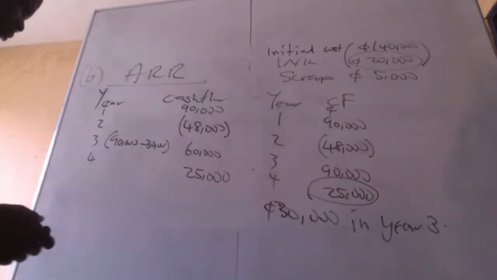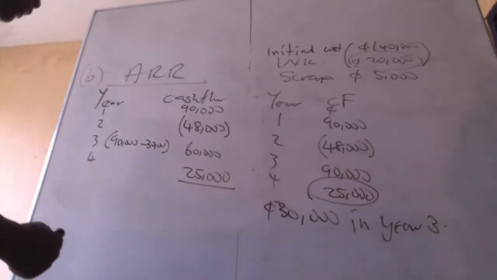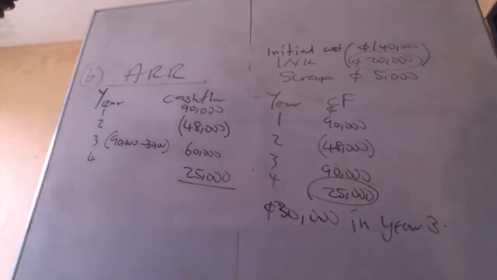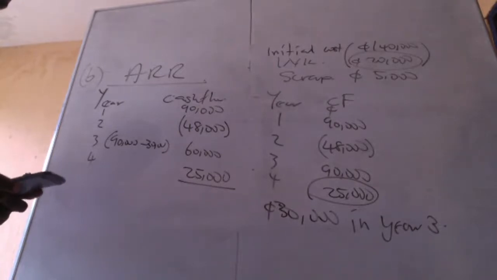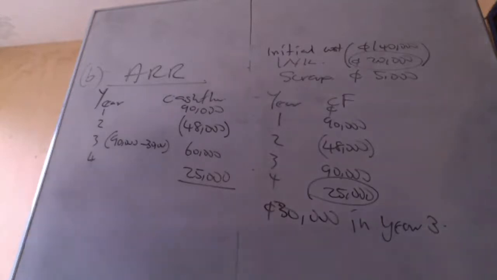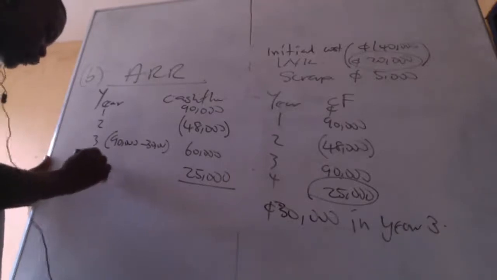Now putting all this together, we will have 90 less 48 plus 60 plus 25. And that will give us 127,000. So this is the total cash flow.